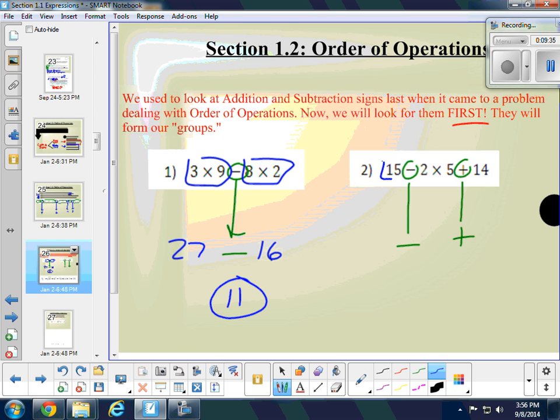Same thing with the 14 on the right. The only one I really have to worry about is 2 times 5, which is 10. That's the only problem I really have. Students can use a calculator if they want to just go left to right here now. But otherwise, 15 minus 10 gives me 5, plus 14 gives me 19.